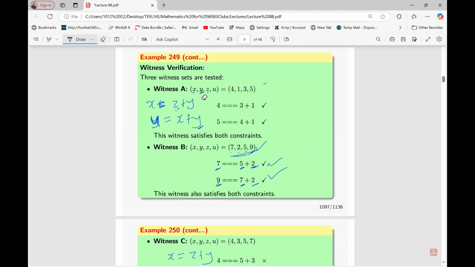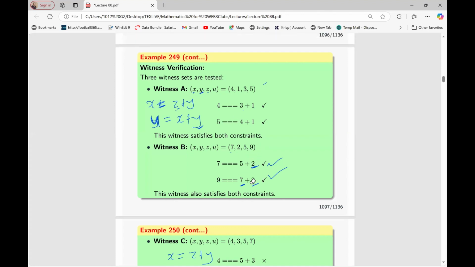Now, what we are doing is we are given constraints, and the prover wants to prove that he knows what x and y and z and u are. So it's upon this prover to provide those values, and he's not providing the exact values, just any other values so long as they satisfy the equation.